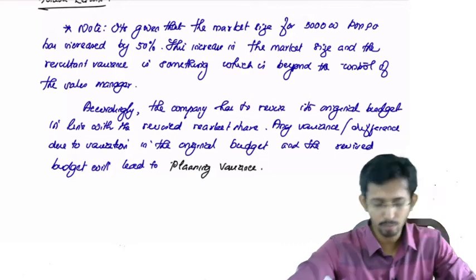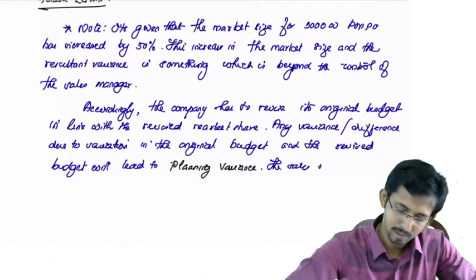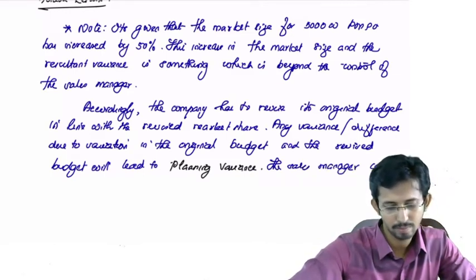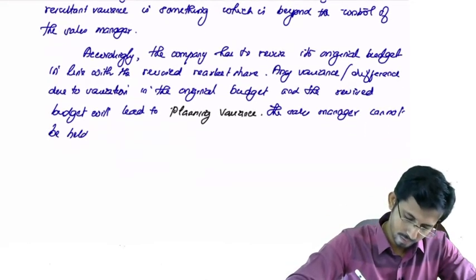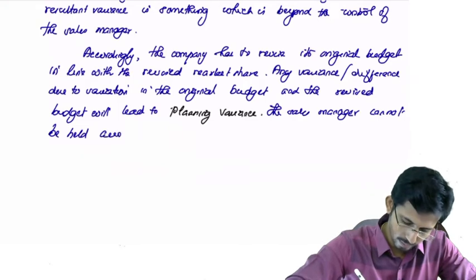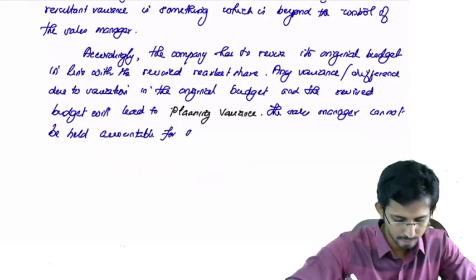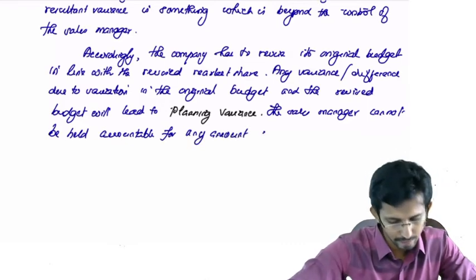Okay, you can add one more sentence. The sales manager cannot be held accountable for any amount of planning variance.